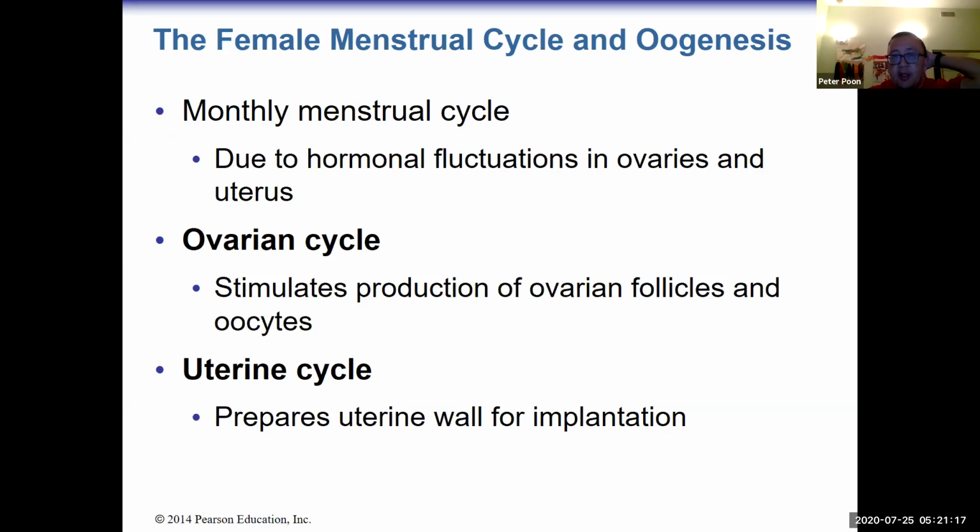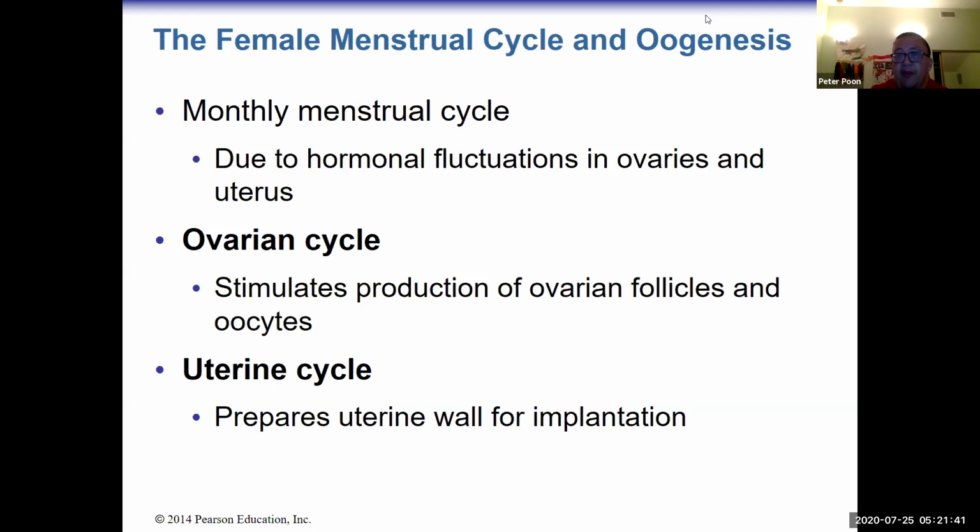All right, the female monthly cycle. The female menstrual cycle and oogenesis. The female monthly cycle is due to hormonal fluctuations in the uterus and in the ovaries. So there's an ovarian cycle and a uterine cycle. Obviously, the two of them work together.